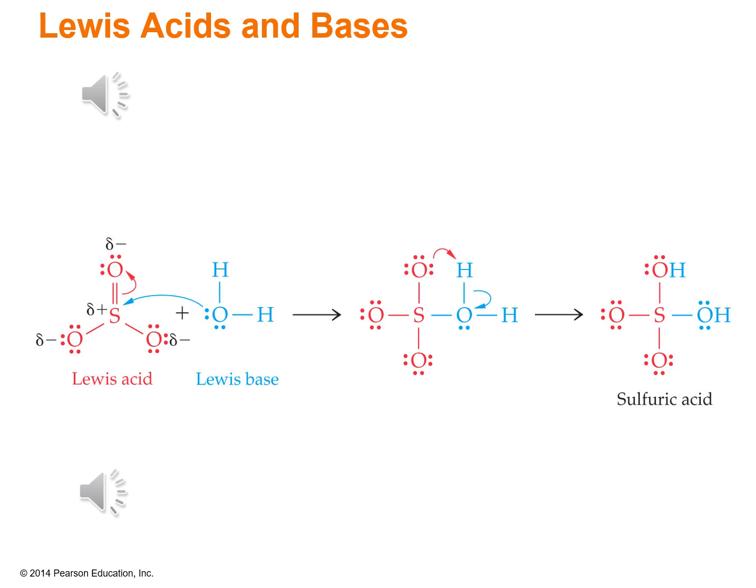Another example of neutral Lewis acids is oxides of nonmetals, such as SO3. This happens when SO3 reacts with water. This can be viewed as a Lewis acid-base reaction in which the sulfur trioxide accepts a share in a lone pair of electrons from a water molecule.